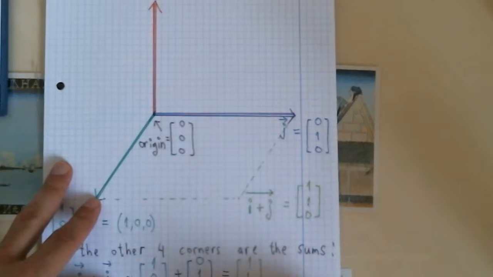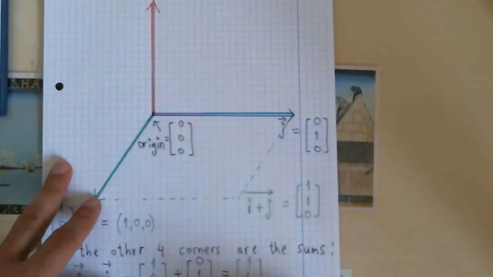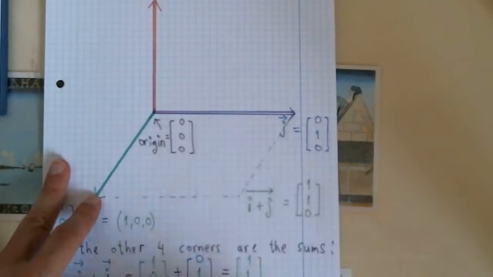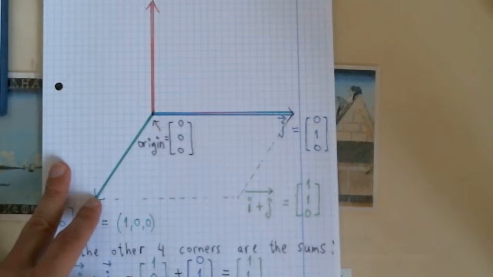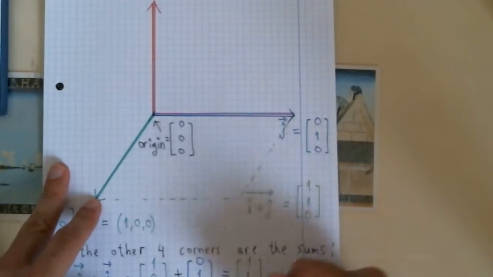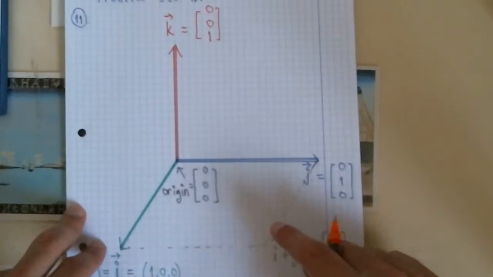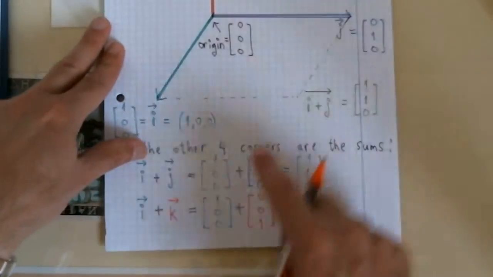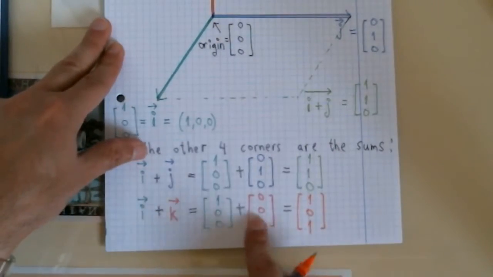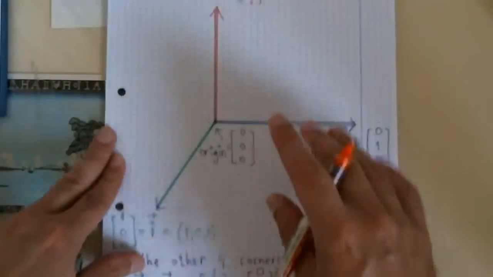The second component plus the second component, 0 plus 0 gives us 0. And the third component plus the third component, 0 plus 1 gives us 1. So that would be going along the green and then along the red. The green and the red gives us the orange.